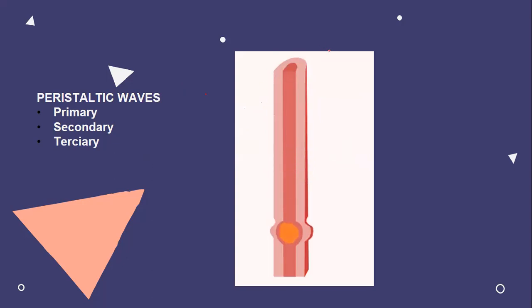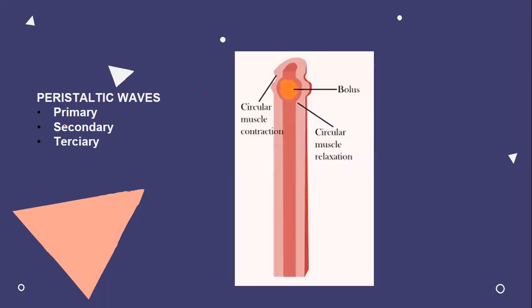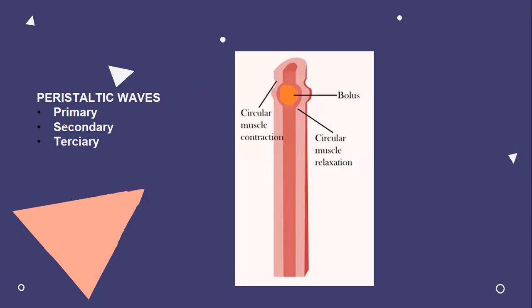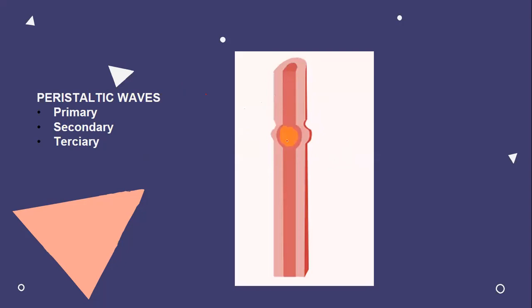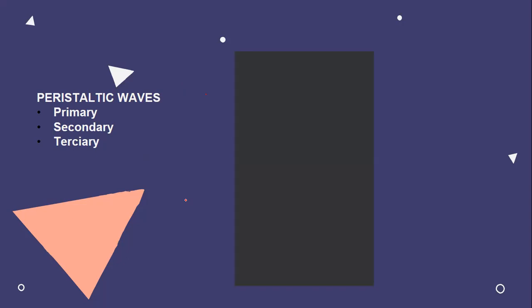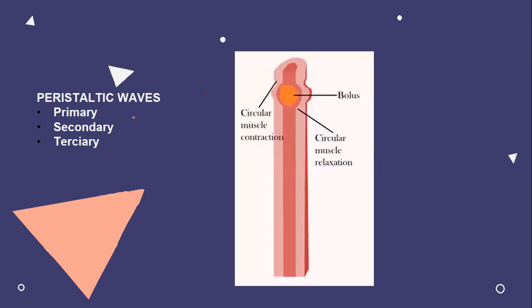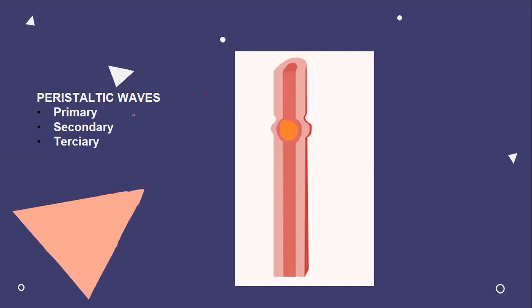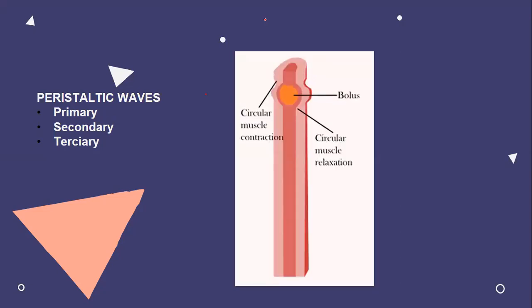Okay. And what is the difference with the secondary peristaltic wave? Because it also helps move the bolus, the food. They both help moving the bolus, as you can see here. Okay, the primary peristaltic wave is actually a continuation of the deglutition reflex.